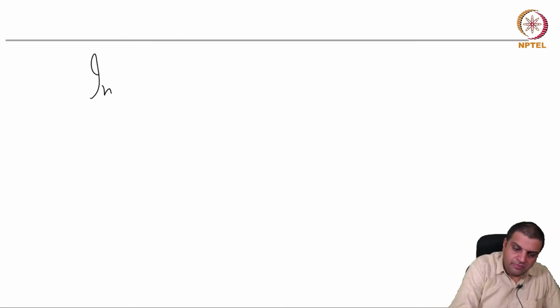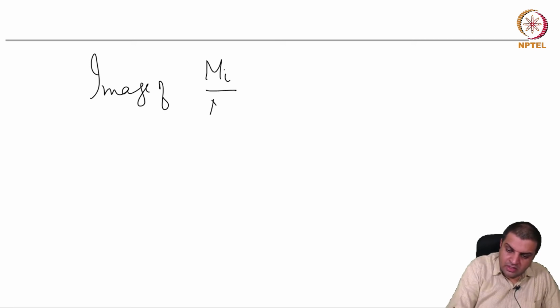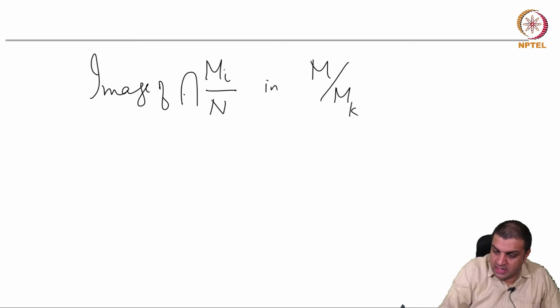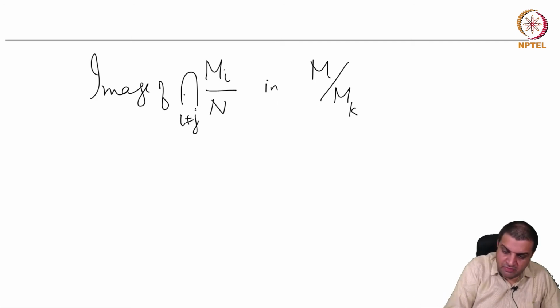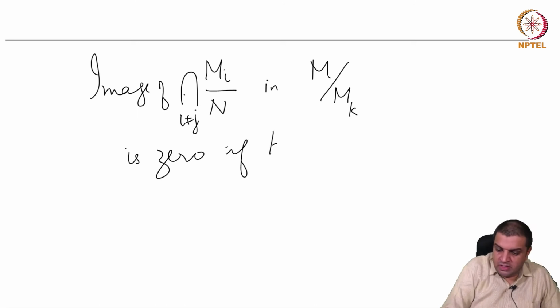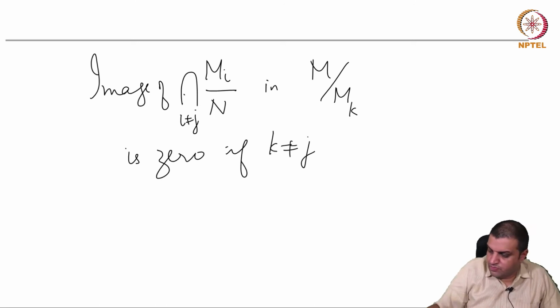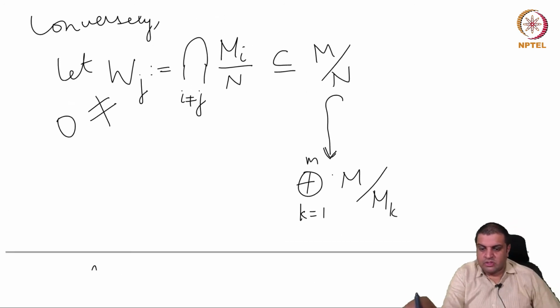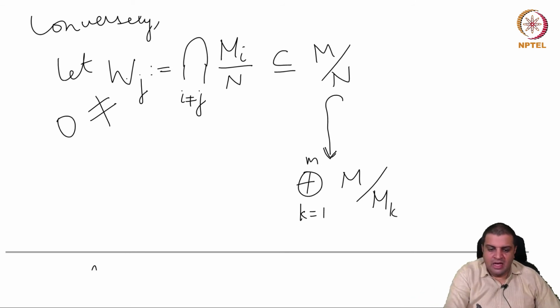So the image of the intersection of Mi over N, i different from j, in M mod Mk is 0 if k is different from j. That's the observation we have to make.